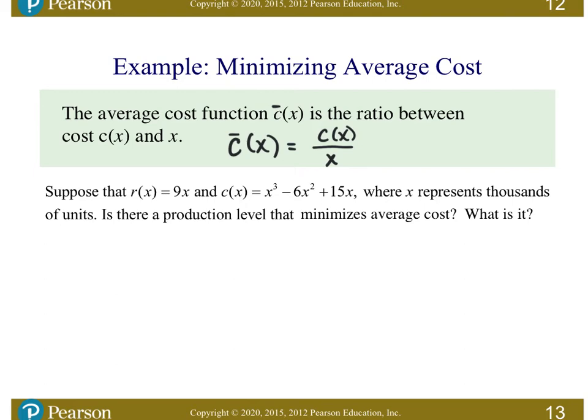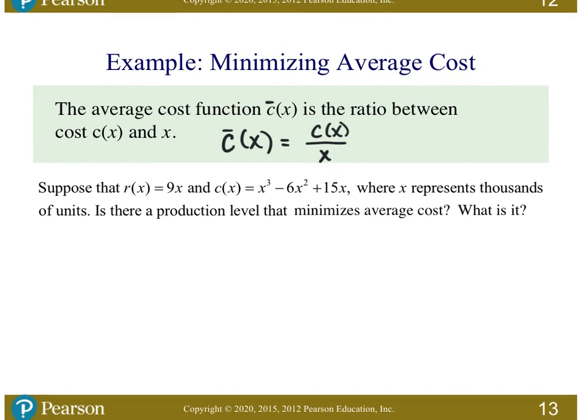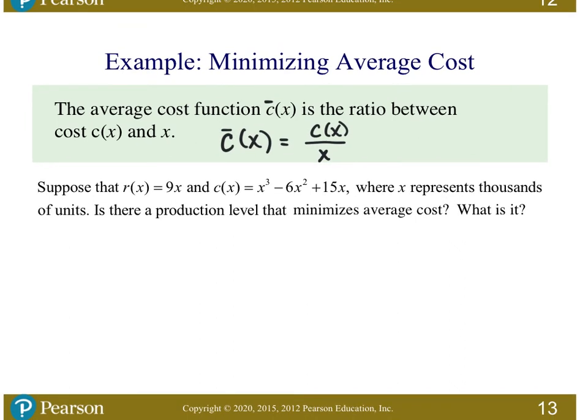Okay, so suppose we have the same revenue and cost functions that we had before. Is there a production level that minimizes the average cost? So our goal is average cost, or C bar. Our variables are C of x and x.